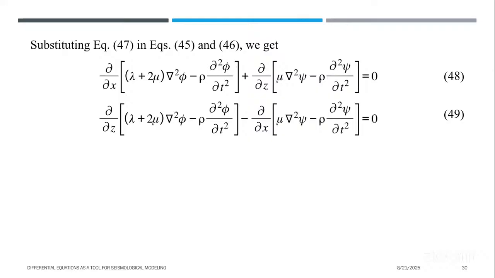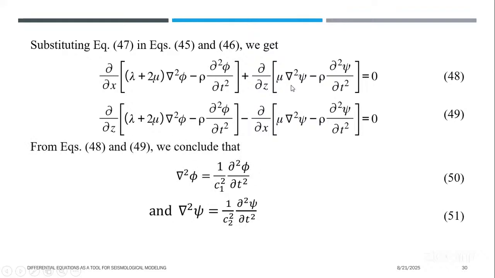If you simply observe this particular quantity with respect to x, this quantity with respect to z, and this is simply 0, provided this is equal to 0. So phi, and what is that? Del square is the Laplacian operator in two dimensions.